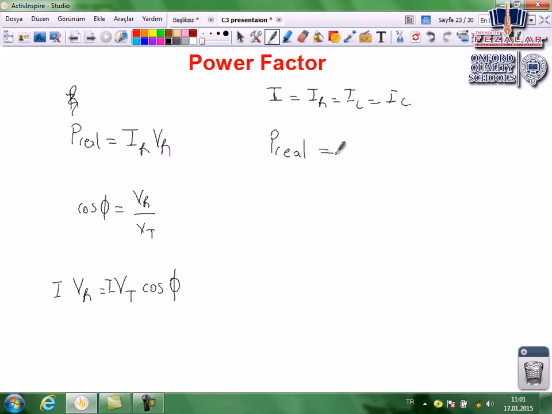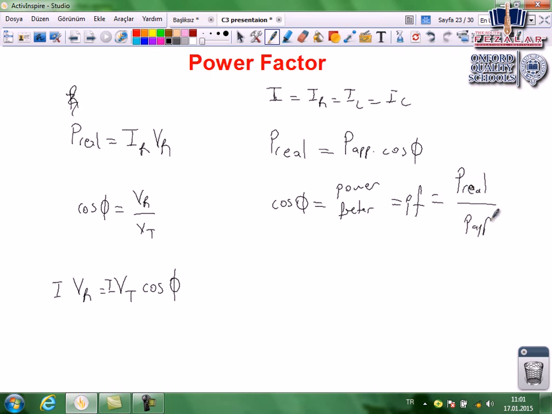And the other part, I times V total, is the total power, called P apparent, times cosine phi. The ratio of real power and apparent power, cosine phi, is also called the power factor. It is represented by PF. It is real power over apparent power.